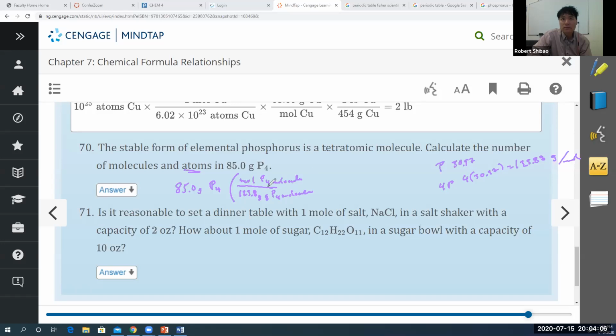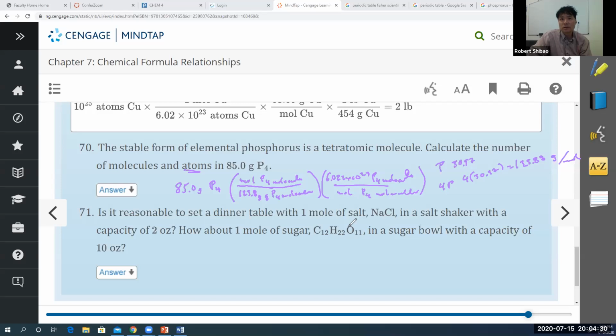This gives us the moles of P4 molecules, and then we can use Avogadro's number. There's 6.022 times 10 to the 23rd P4 molecules per mole of P4 molecules. So this answers the first question: how many P4 molecules are there?